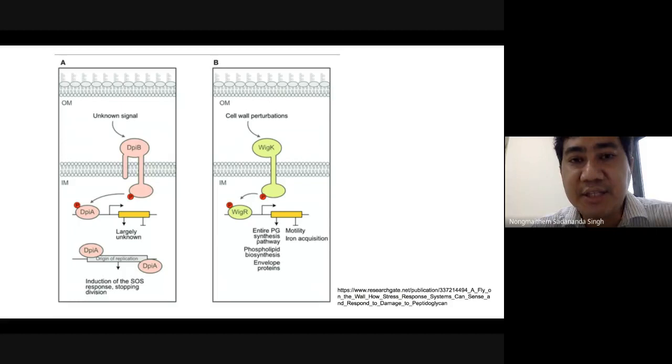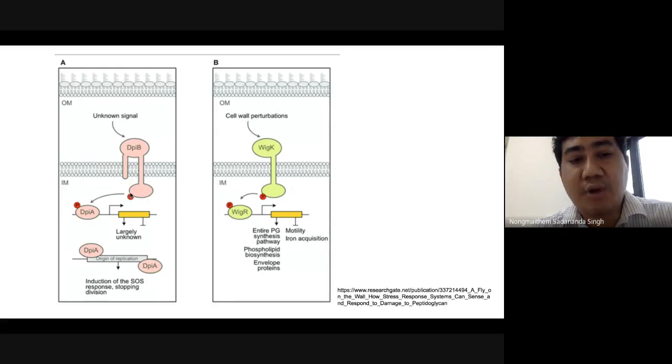related, which inhibit the synthesis of peptidoglycans, can activate that two component system, and one of the proteins we know of is the DpiB system.